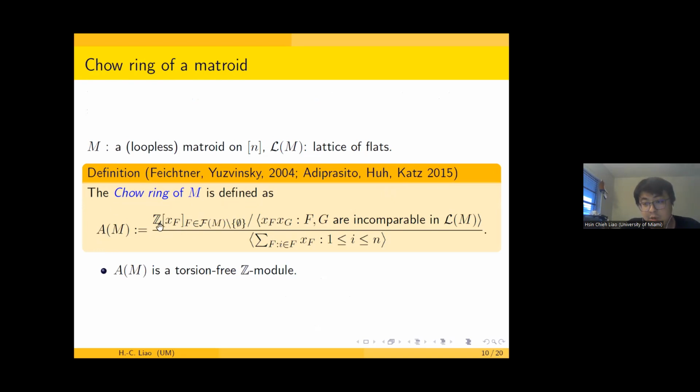The polynomial ring has variables indexed by non-empty flats, and we mod out by x_F times x_G, where F and G are incomparable in the lattice of flats, and then we also mod out by some linear forms. So basically, just remember that this is some polynomial ring in the numerator modulo some linear forms. And it turns out this A(M) is a torsion-free Z-module.